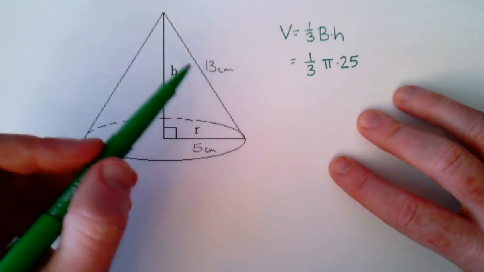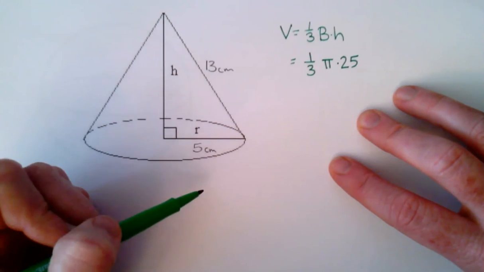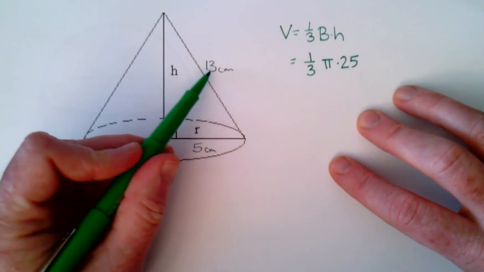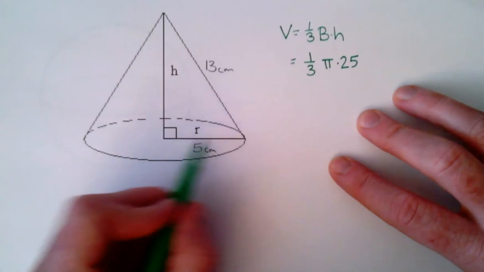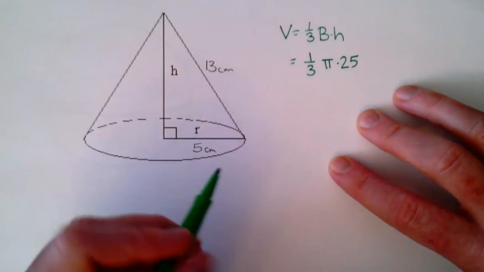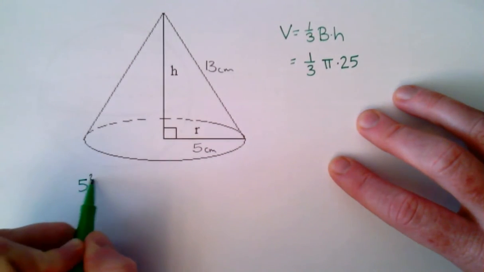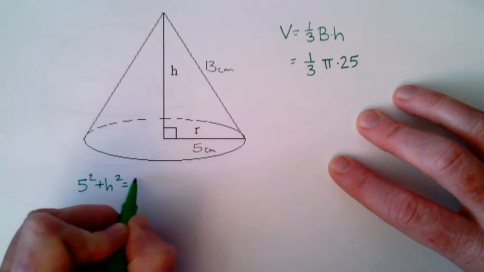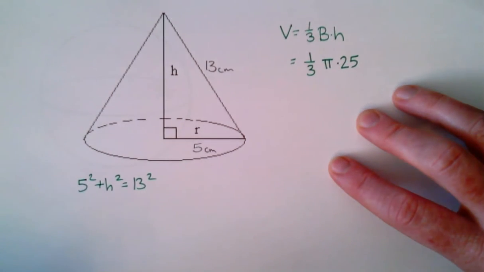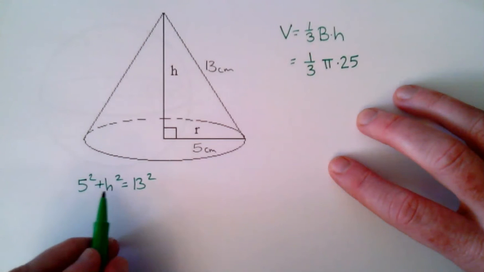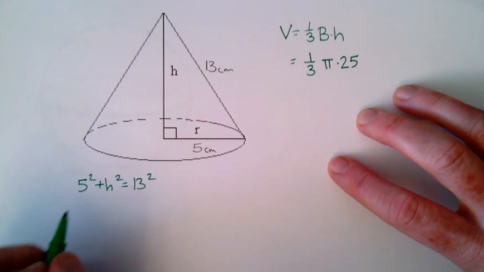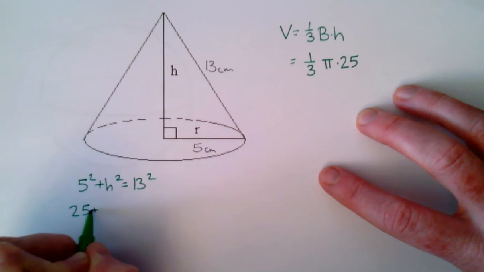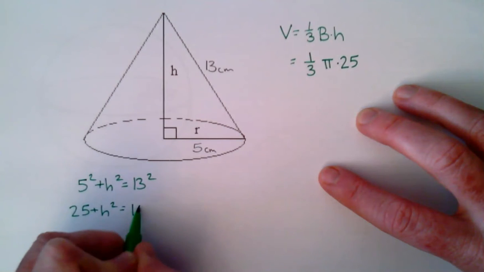We have 5. We don't have the height, but we have the slant height. We need the height. So this is a right triangle. So the Pythagorean theorem says 5 squared plus this h squared will equal 13 squared. Now, if you know your Pythagorean triples, you'll know that it's 5, 12, 13. If you don't, we've got 25 plus h squared equals 169.